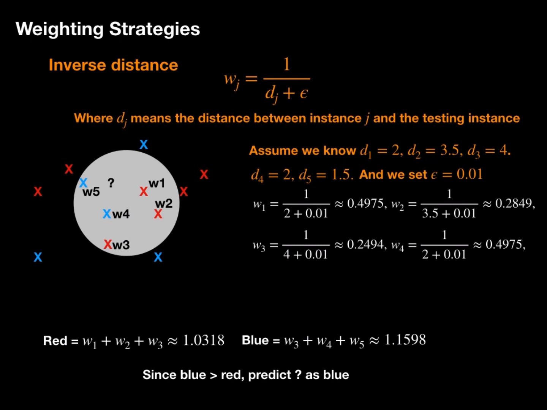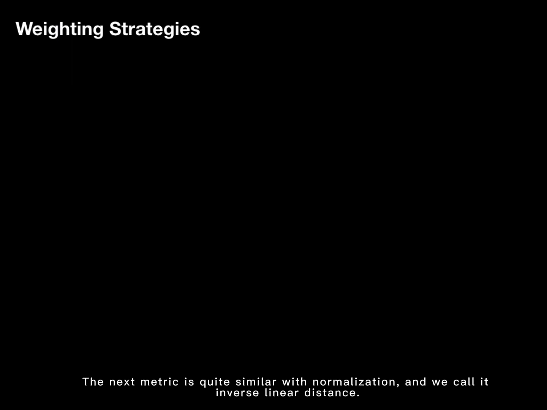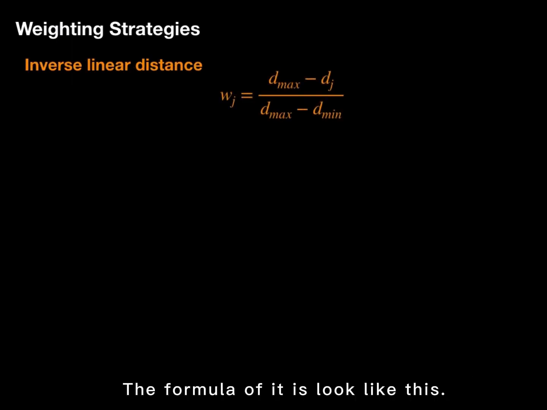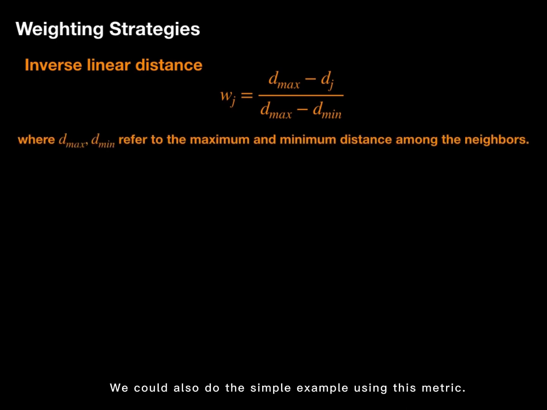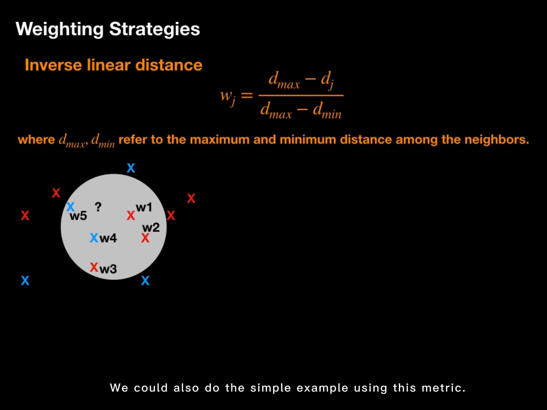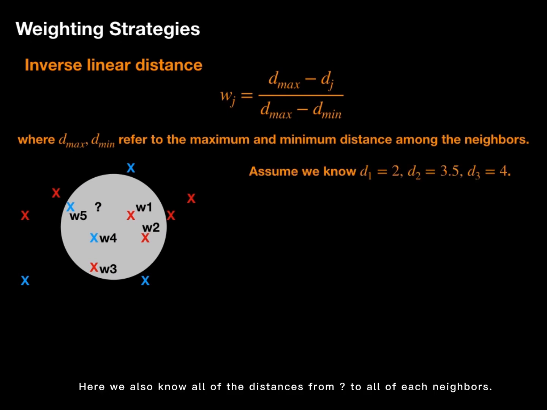The next metric is quite similar to normalization, and we call it inverse linear distance. The formula looks like this. We could also do a simple example using this metric. Here we also know all of the distances from the question mark to all of its neighbors.